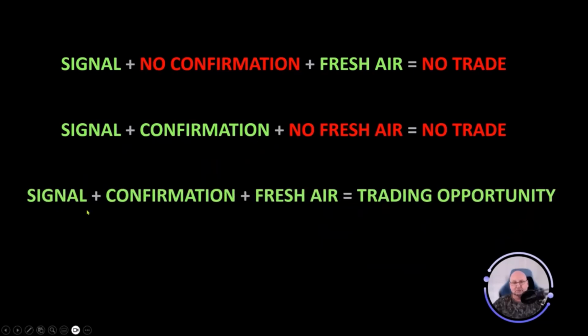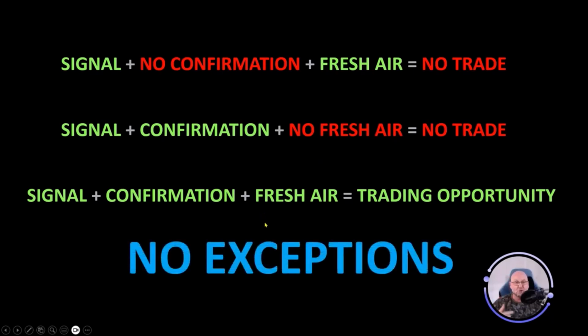If we get a signal and we get confirmation and we've got fresh air, it equals a trading opportunity. These 3 simple rules are very easy to follow, and there's no exceptions. This is the hard stop rule. Signal, confirmation, fresh air. If one of those doesn't match up, you do not take the trade.